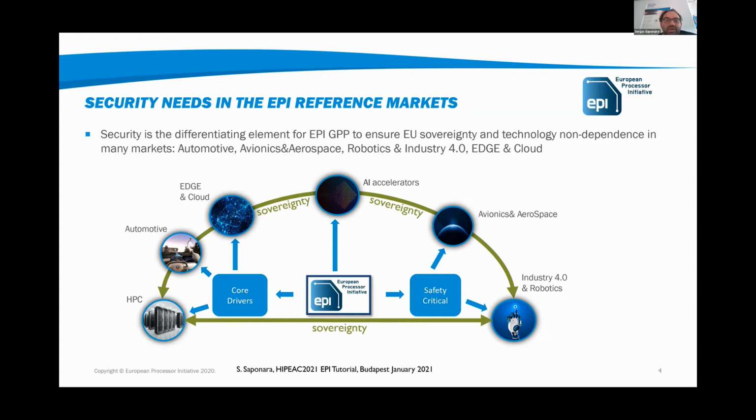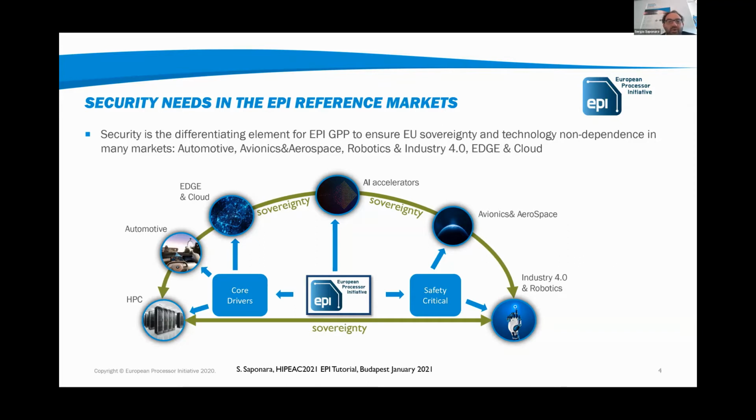But security, like power management, which you will see later addressed by colleagues of the University of Bologna, are key differentiators and customize the processor for markets where technology non-dependency is important, like automotive, where European industry is a worldwide leader, avionics, aerospace, and then the spin-off in markets like robotics and Industry 4.0, and as we said, also high performance edge and cloud.